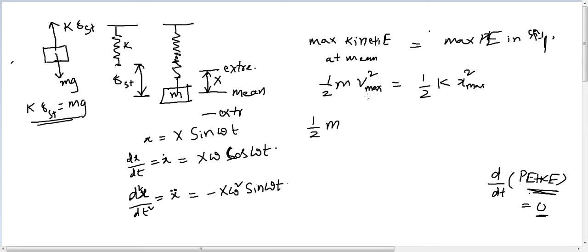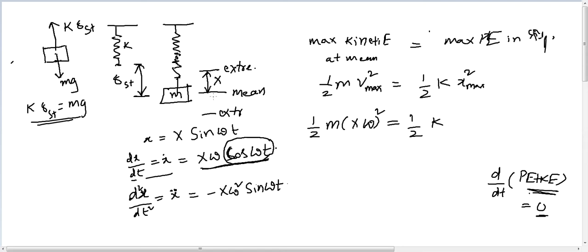So this is nothing but half mass into v max square. V max comes from the velocity equation; its maximum value is when cos omega t is 1, right? So the maximum velocity will become X omega. So half m into X omega whole square must be equal to half k into x max square.